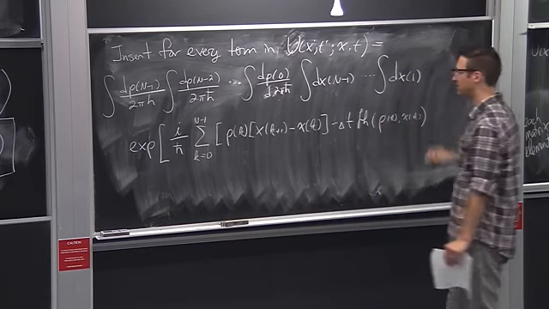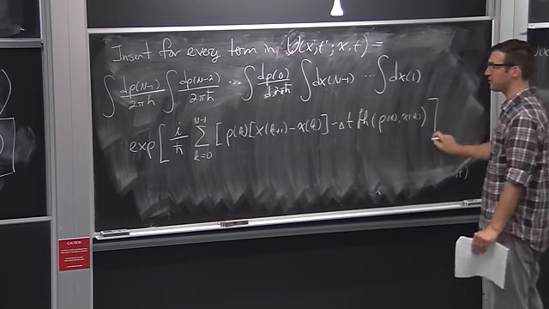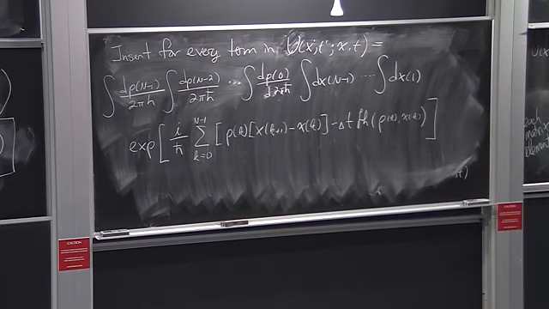Okay. Too many brackets, but right, I think that's right. So that should be this propagator. So p minus 1 to p naught for all the resolutions of the identity, and all the integrals over dx, right, and the exponential.